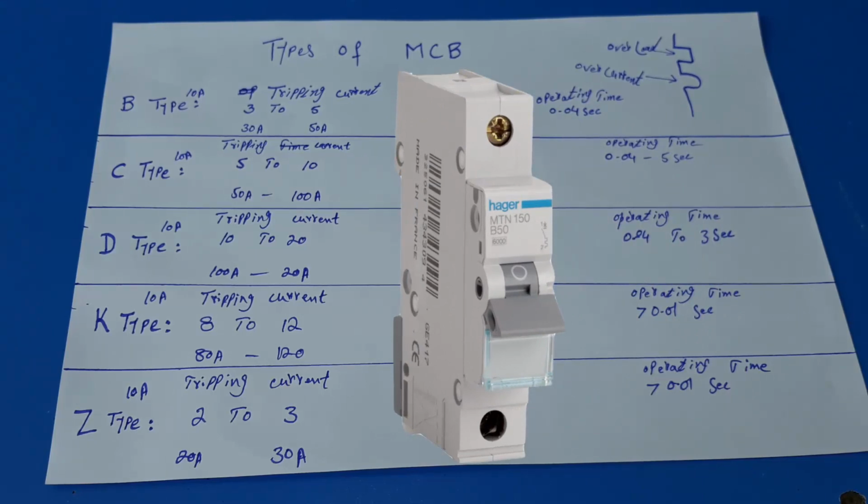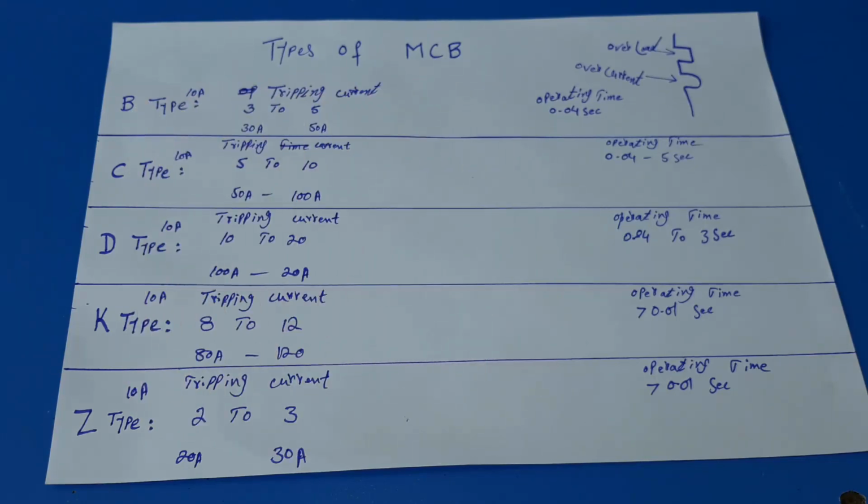A miniature circuit breaker is an electromechanical device which protects an electric circuit from an overcurrent. Overcurrent in an electrical circuit is caused by overload or faulty design. Current rating is mentioned in kiloampere.